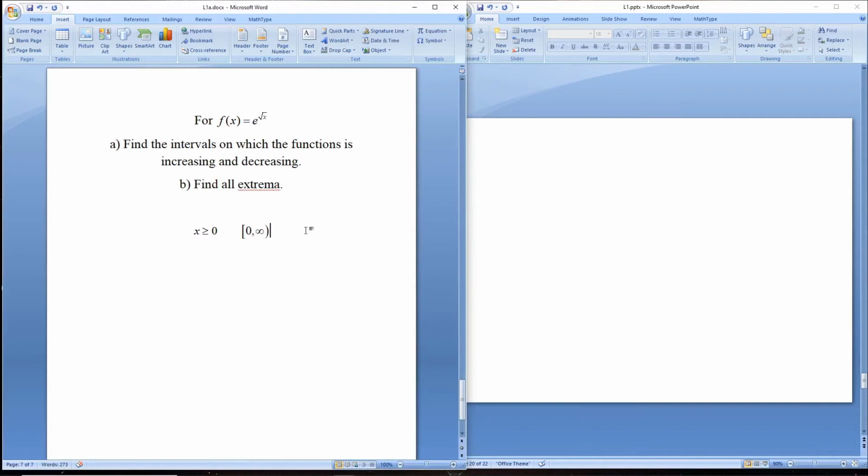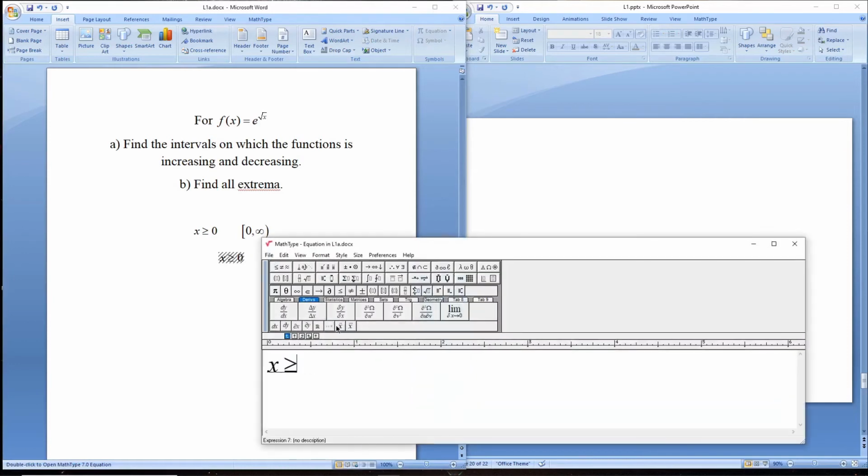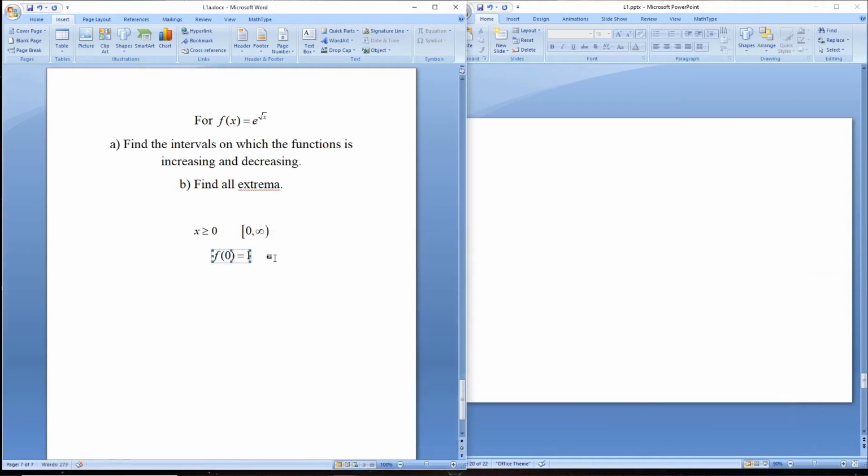So what happens at 0? Let's just check that out. We plug in 0, we will get the square root of 0, which is 0. So we get e to the 0, which is 1. Anything raised to the 0 is 1, except 0 raised to the 0 is undefined.